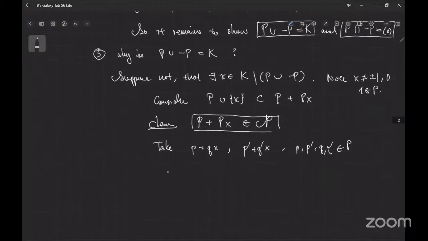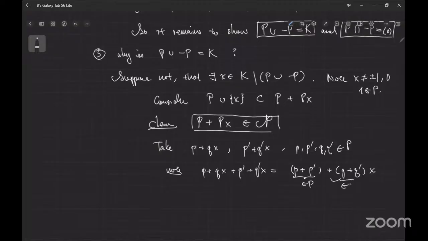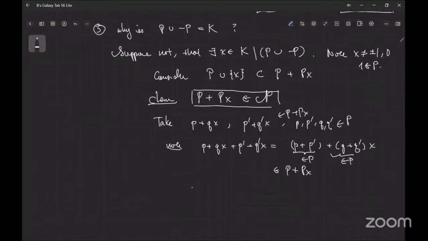And notice by factoring, the sum is P plus P prime plus Q plus Q prime X. This is in P. This is in P. So this is in P plus PX. So I took two elements from P plus PX, and the sum is in P plus PX. Okay, that's clear.